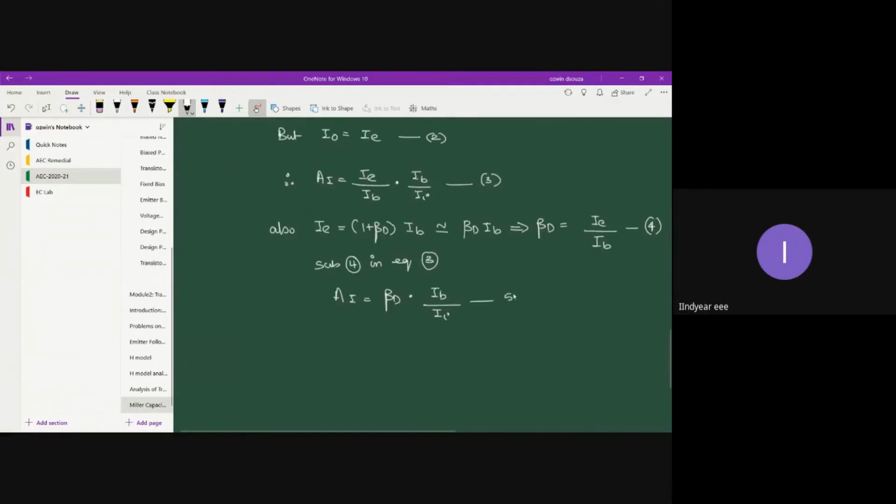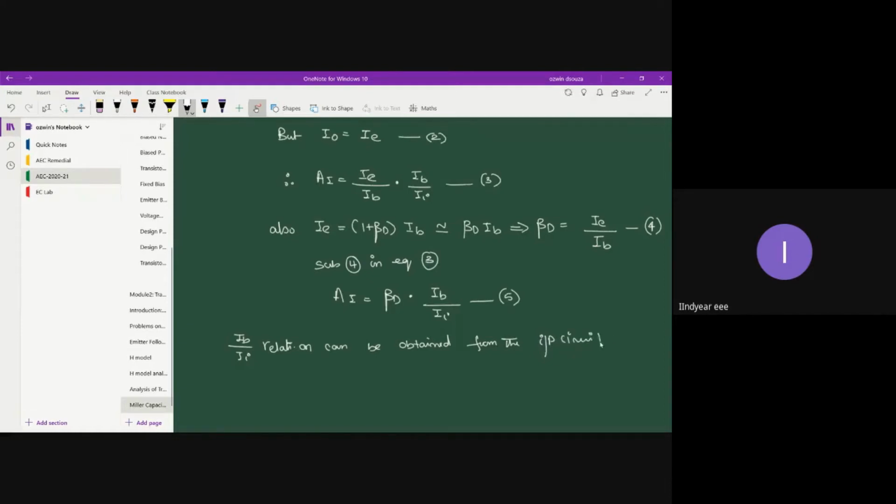Let's take this as equation 5. Now the IB by II relation can be obtained from the input circuit.